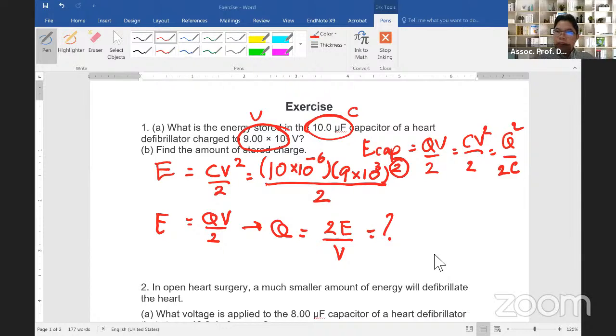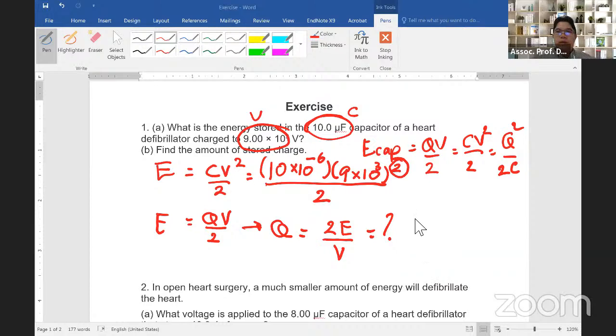Correct, correct. Others, I think you miscalculated the milli; it should be millicoulomb.